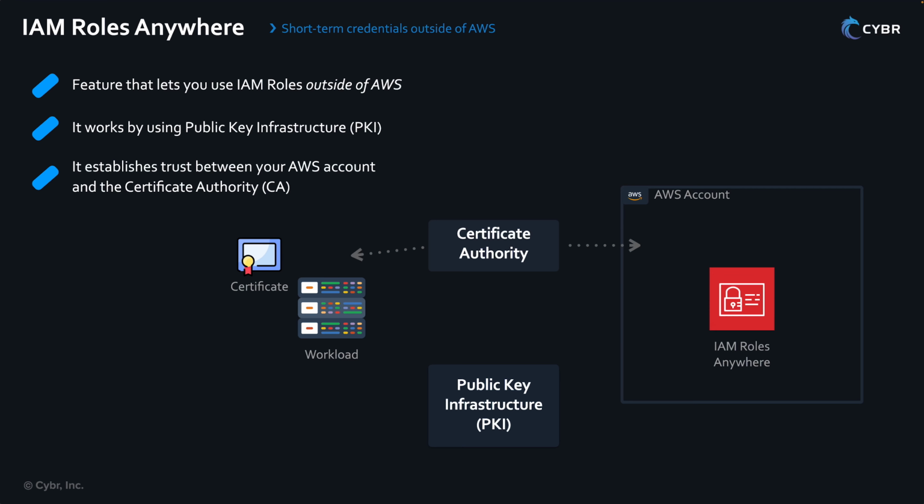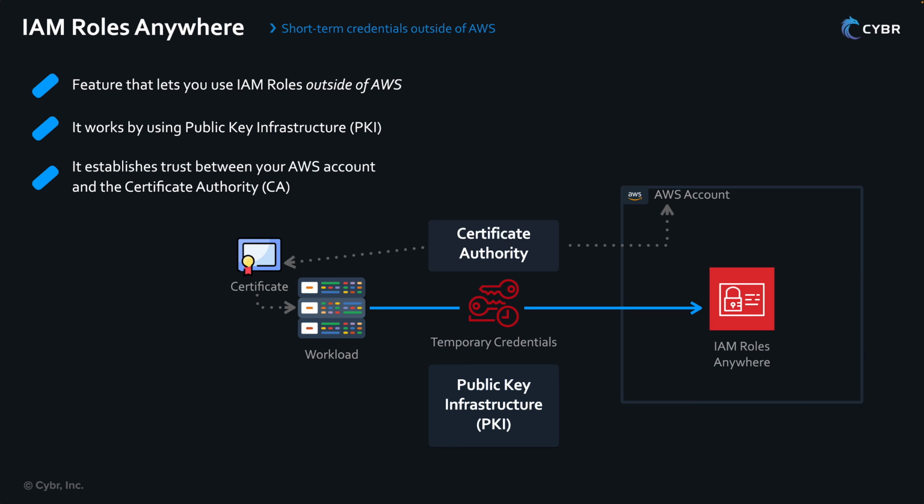So your workloads outside of AWS use IAM Roles Anywhere to exchange what's called an X.509 certificate for temporary AWS credentials. And these certificates are issued by a certificate authority that you register as a trust anchor in IAM Roles Anywhere.